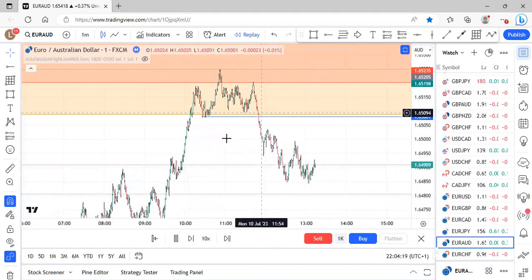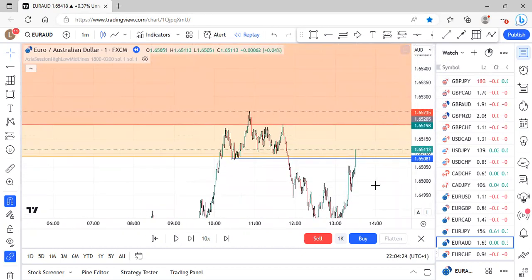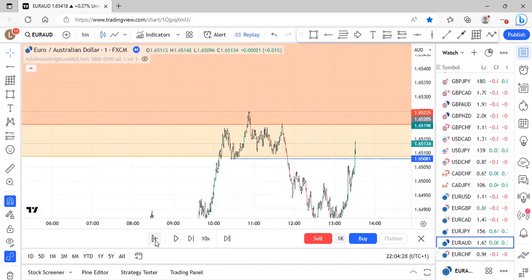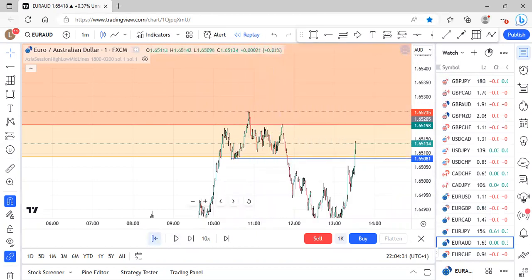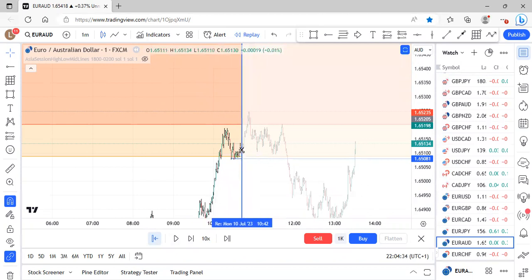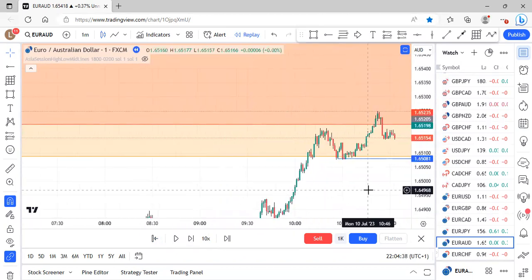It's broken. Just rewind that. It's broken down here, so I'm just going to put it back so I can look for a nice tight entry.